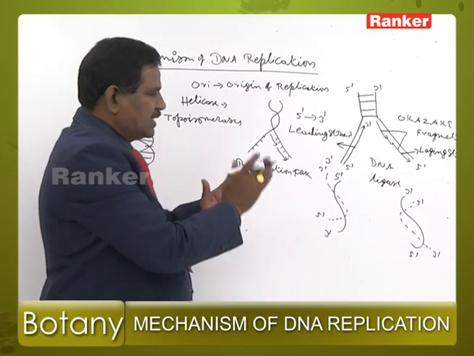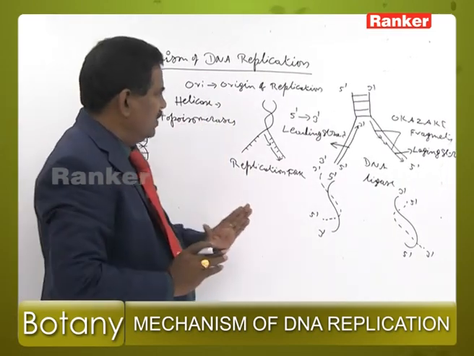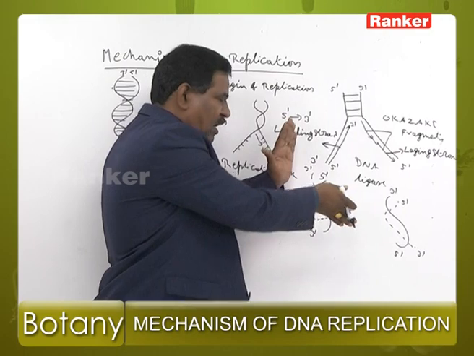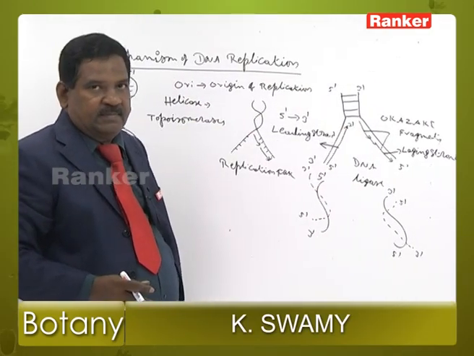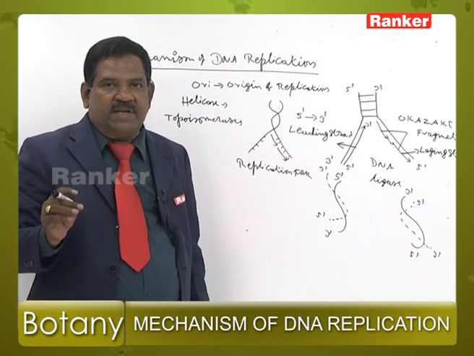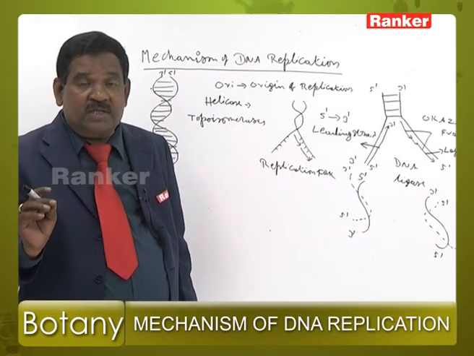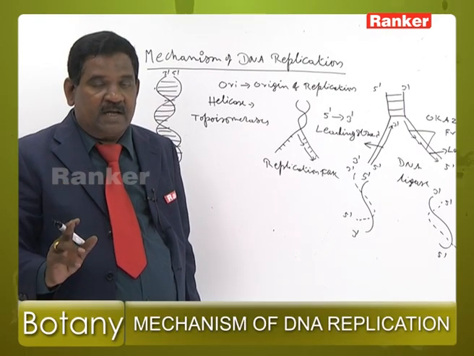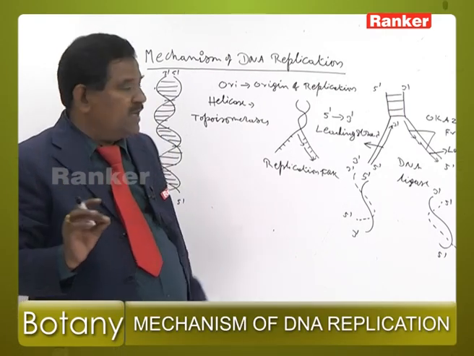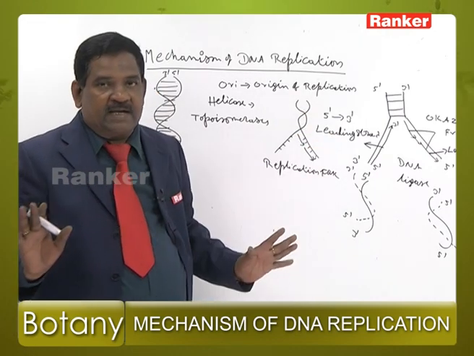That means new strands are synthesized in opposite directions, one in one direction, another in the other direction. So during replication of the DNA, new strands are synthesized in opposite directions, but the synthesis is always in the 5' to 3' direction only.